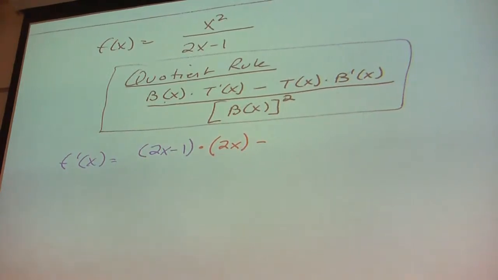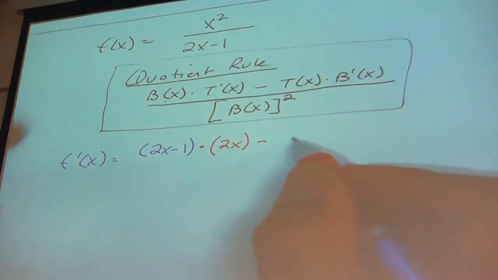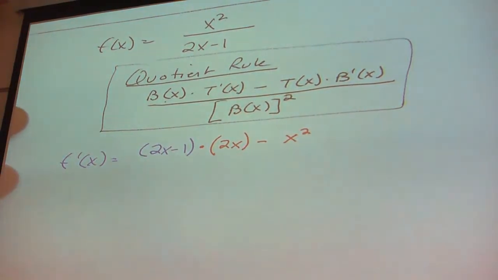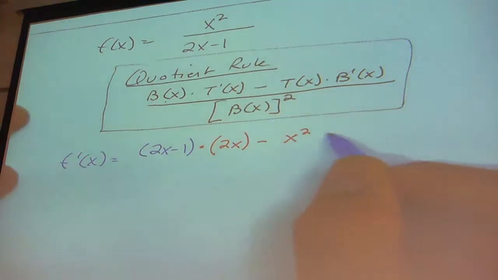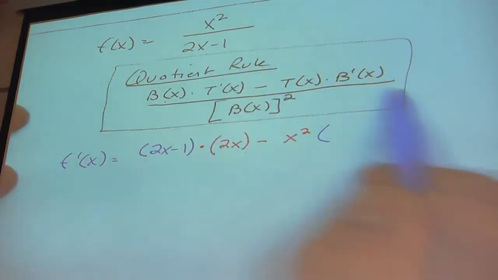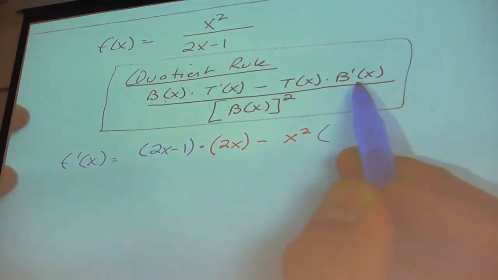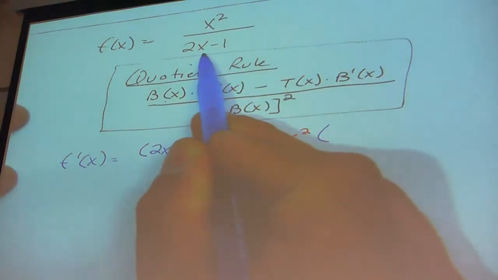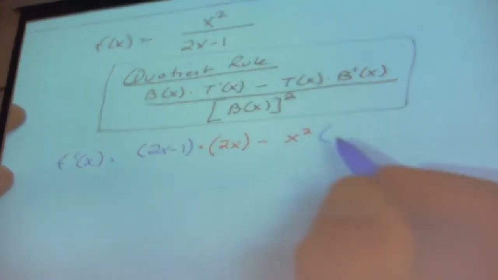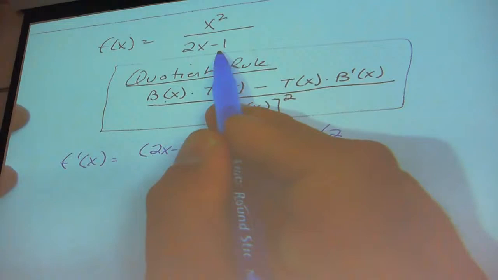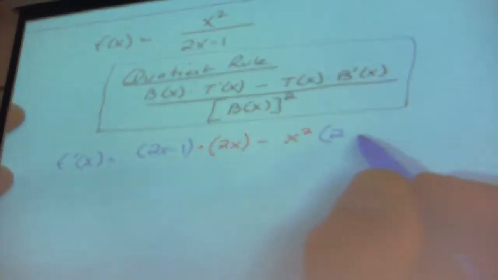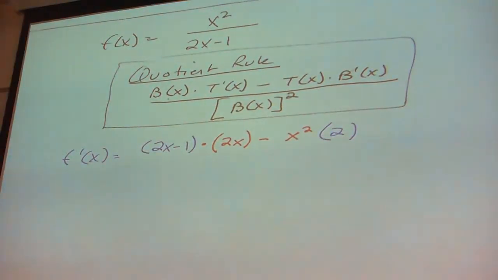Next, the original top. What's the original top? X squared times what? What does this say? B prime of x? Derivative of the bottom. What's the derivative of 2x? 2. Derivative of minus 1? 0. Stop there.